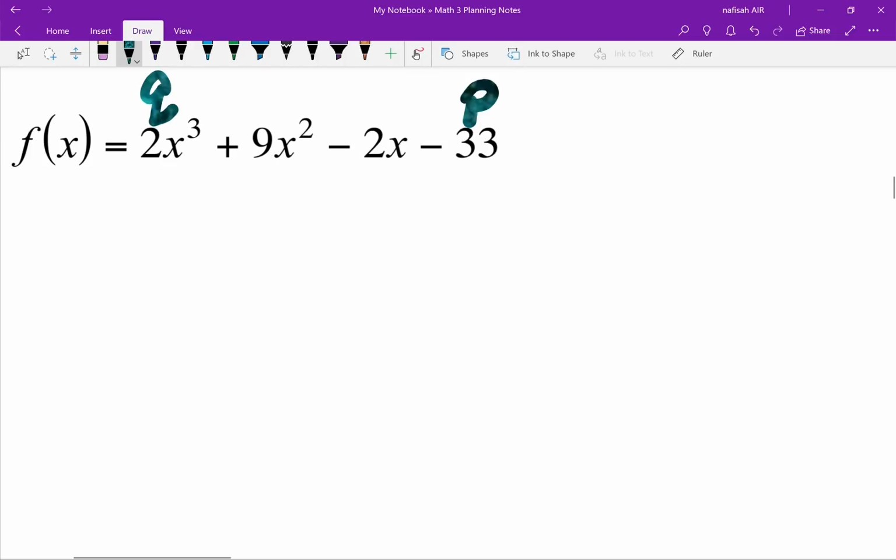So when I'm looking at P over Q, I'm going to ask myself, what are all of the factors of 33? What are all of the numbers that I can multiply together to get 33?